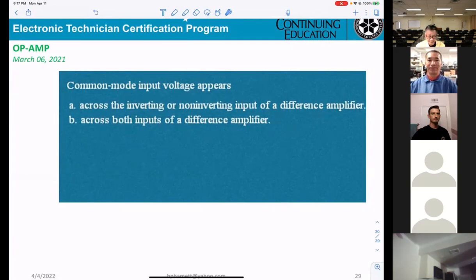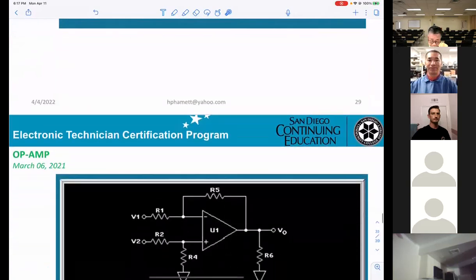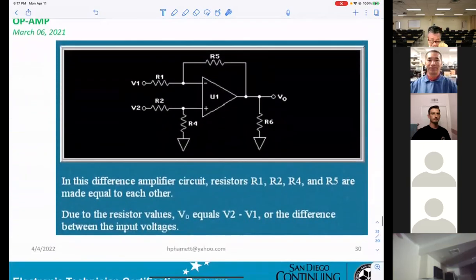B, correct. They must be both input, okay, not only one. In this differential amplifier circuit, R1, R2, R4, R5 are made equal to each other in resistor value.